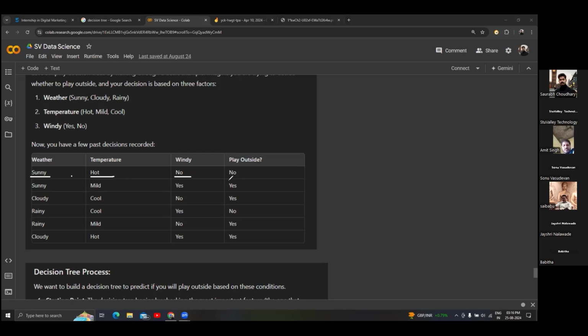Will you go to play outside? Yes or no? No, right. Then sunny, mild, windy: yes, will go.